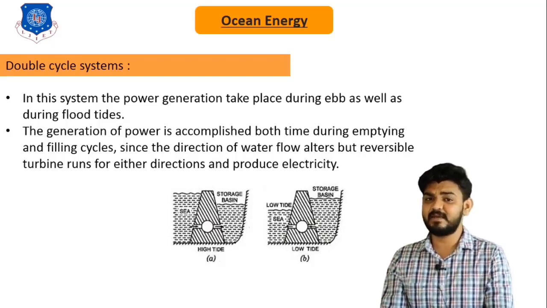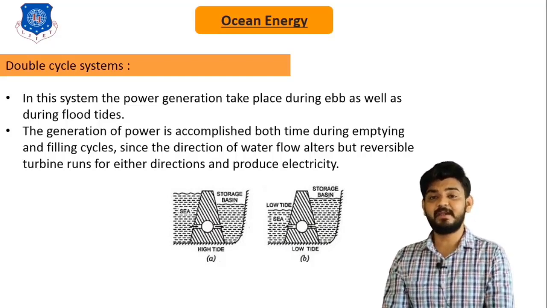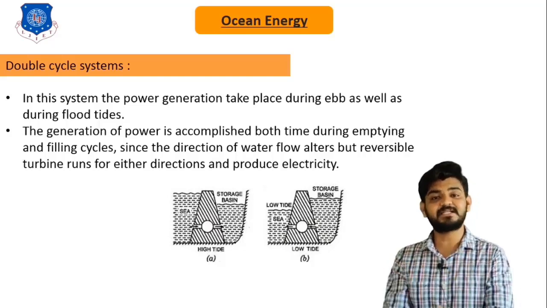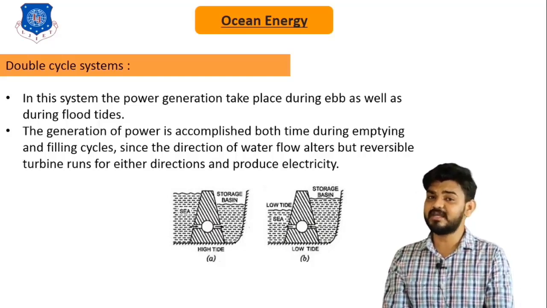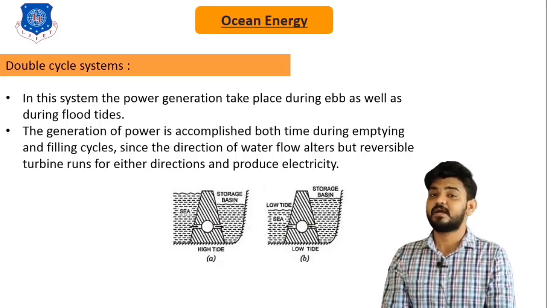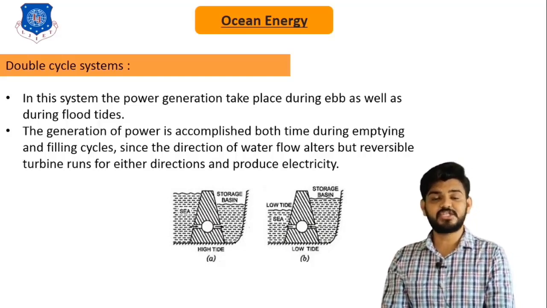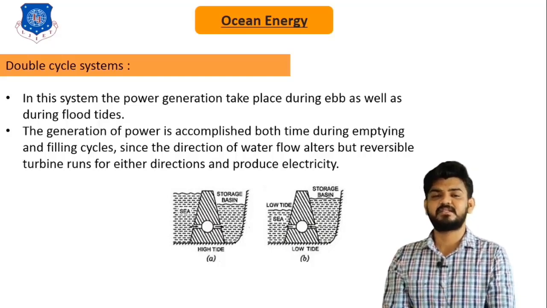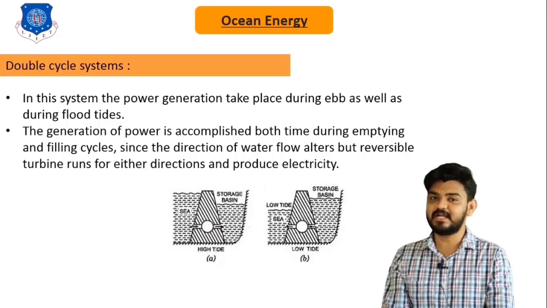Here you can see a typical example of a double cycle system in which water is admitted into the basin during the flood tide and runs the turbine, and during low tide, that is ebb tide, water again travels to the ocean from the basin. This is how we can generate electricity twice with a single tide.